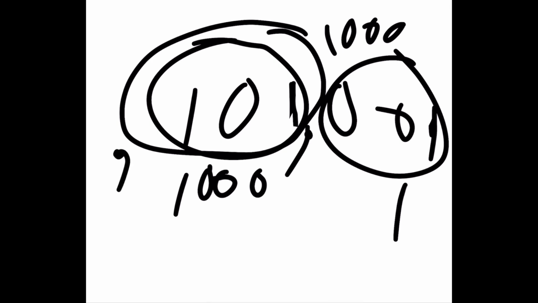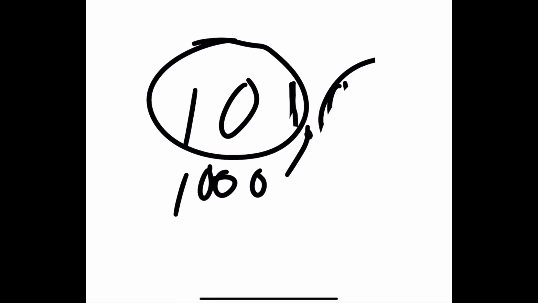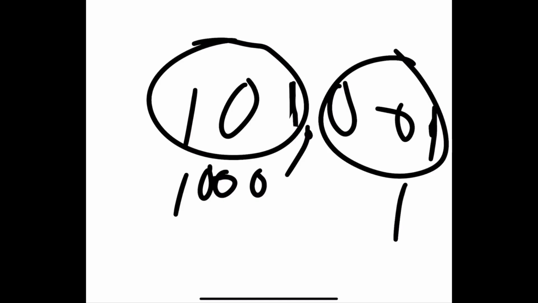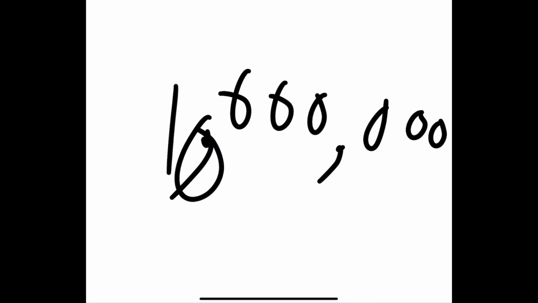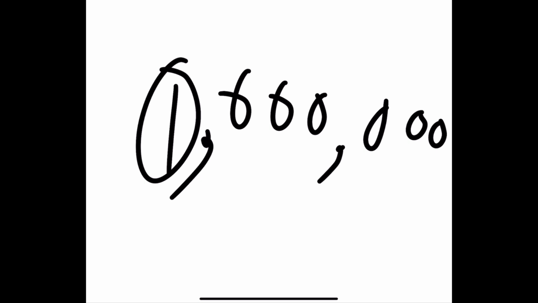If there's another comma, let's say 0 0 0 comma 0 0 0 comma 1, another comma means another digit. That means this is a new digit. This is 1.